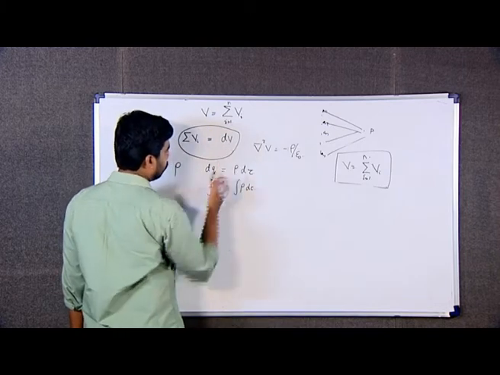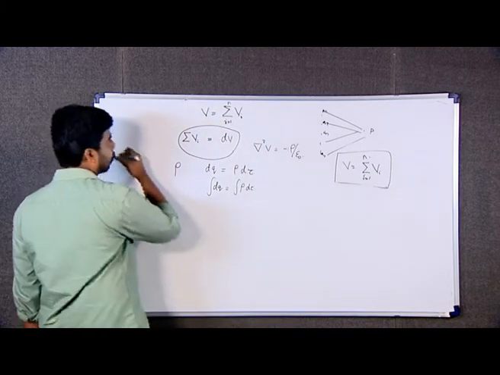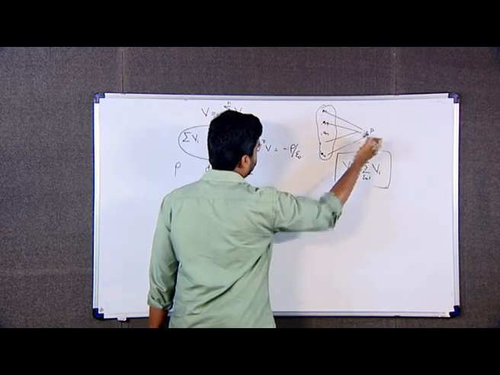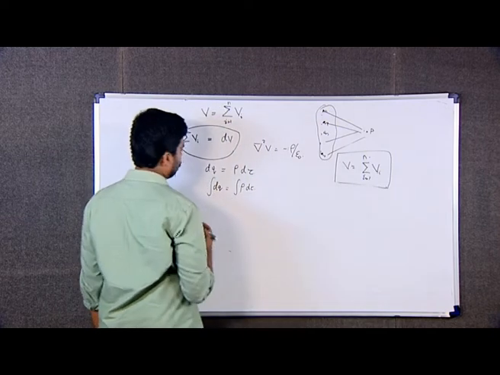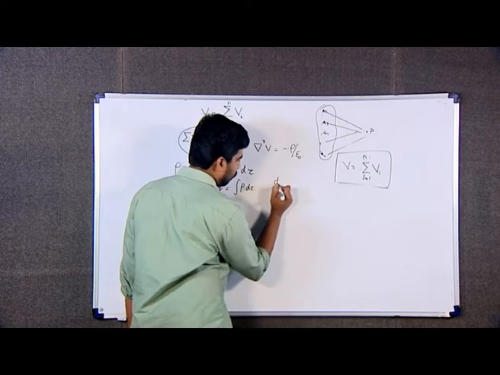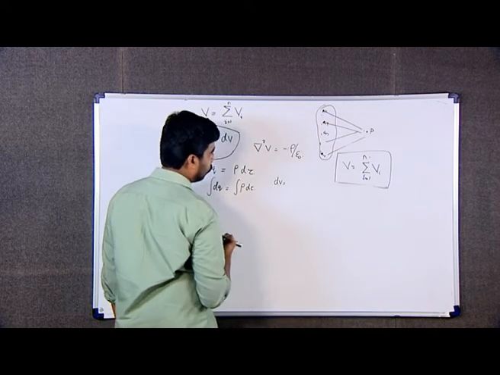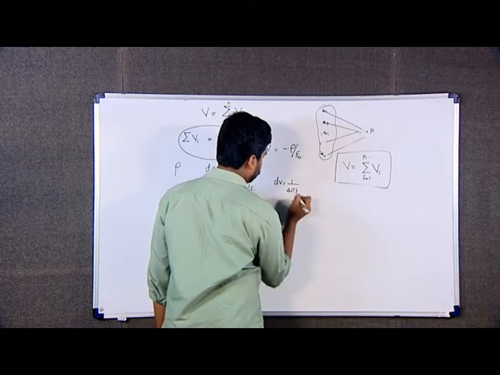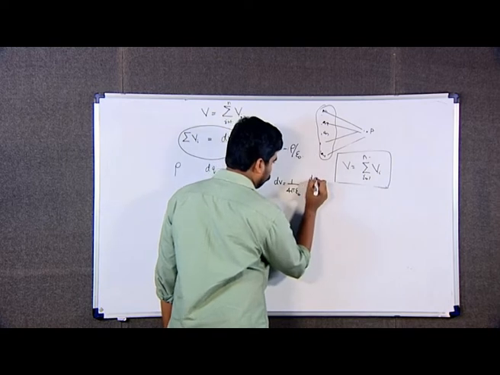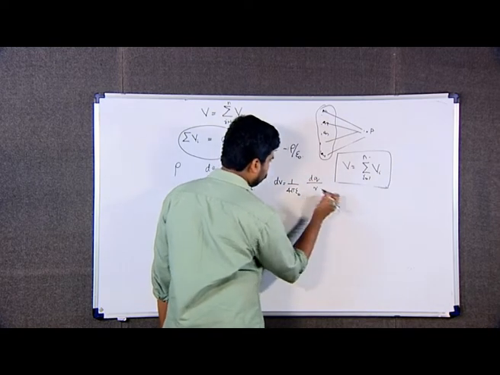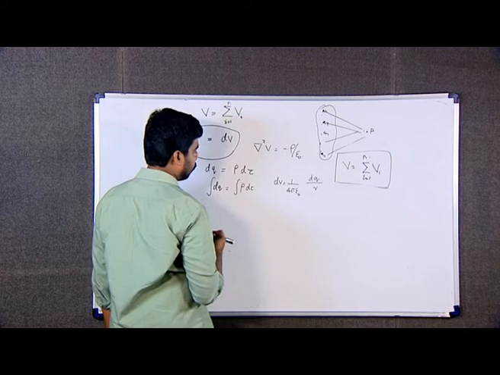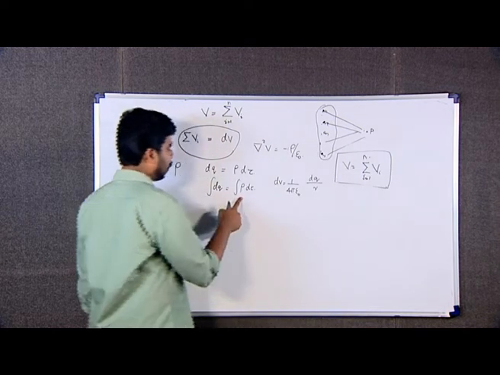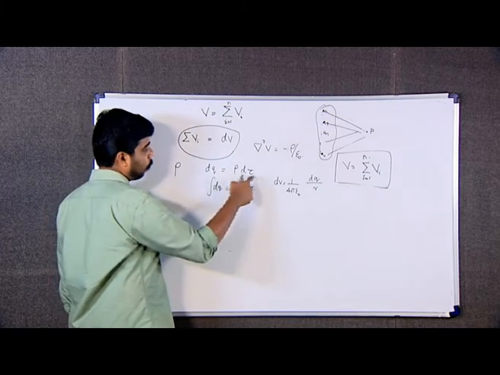So, how can I write it for a continuous charge distribution? If this is a continuous charge distribution, what is the potential produced at this point P? I can write dV is equal to 1 by 4 pi epsilon 0 dq by r. For this volume charge distribution, dq can be written as rho d tau.